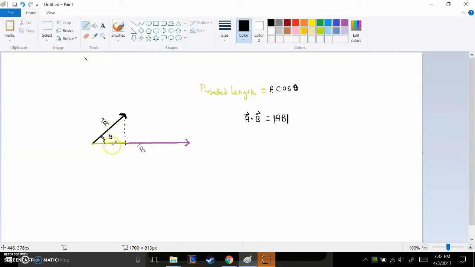Similar means there wouldn't be an angle between them. Then we have to figure out how much to reduce this value by. And we need to reduce it by cosine, as we said before, of the angle between them.